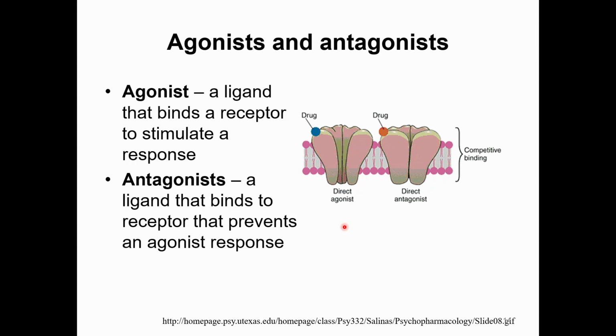So you get a positive response because the drug binds to the receptor. Whereas an antagonist is a drug or a ligand that binds the receptor and prevents the response. And oftentimes it's preventing response to an endogenous ligand or an endogenous agonist.